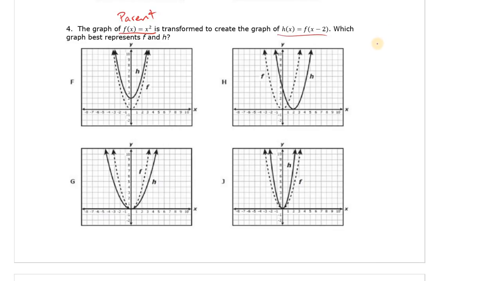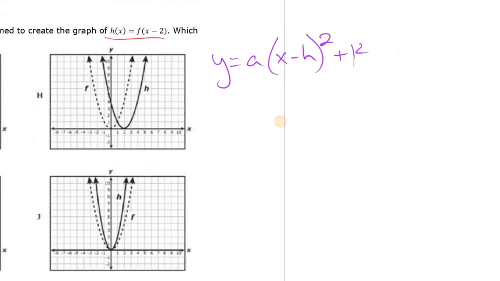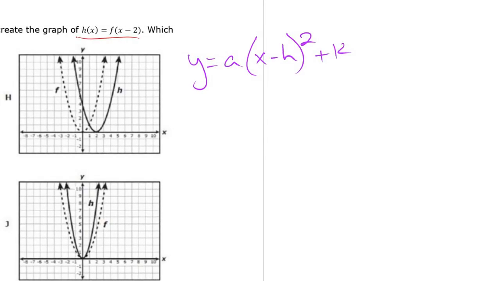The quadratic transformations: the vertex form of a quadratic is y equals a times (x minus h) squared plus k. Let's review real quick. What do each of these things do? The a in front, anything in front of the x, changes how steep it is. The steeper it is, the bigger the number, and the smaller it is, the flatter.